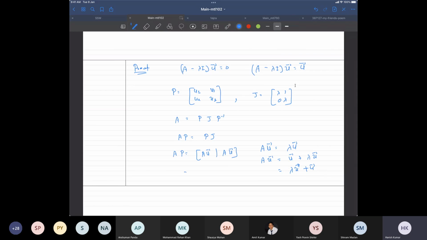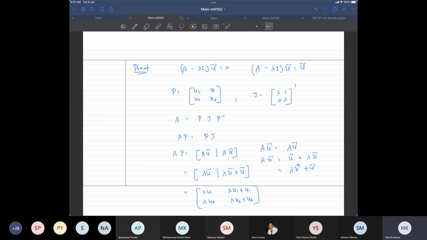So I can write this as lambda U and this will be lambda V plus U. To be more precise, this will be lambda U1, lambda U2, and this will be lambda V1 plus U1, lambda V2 plus U2.